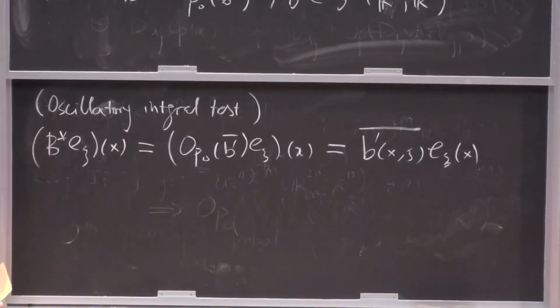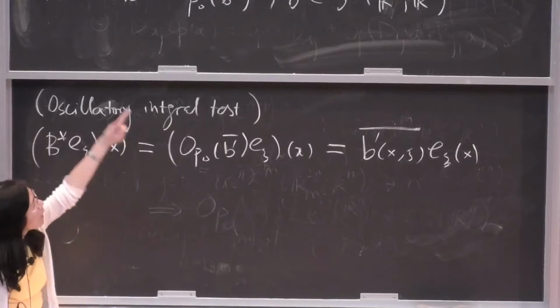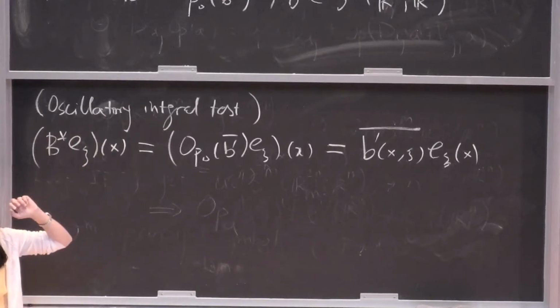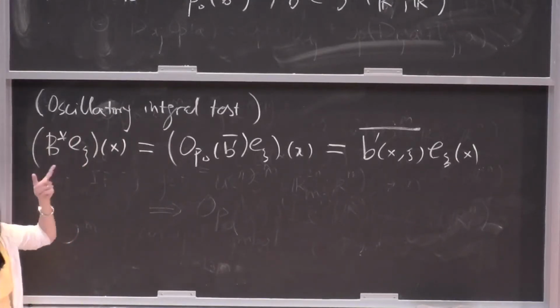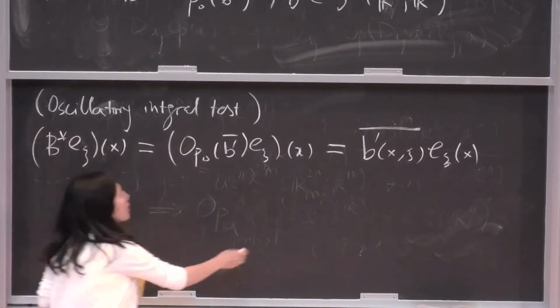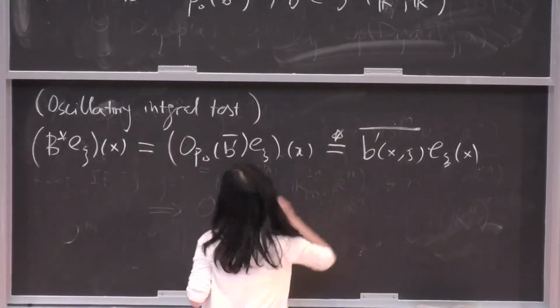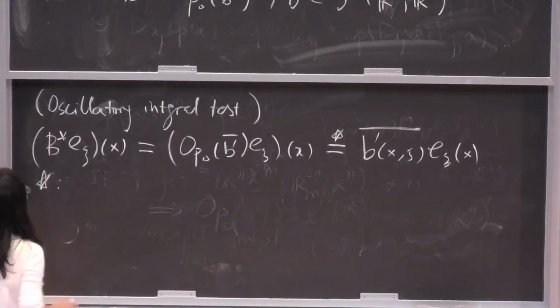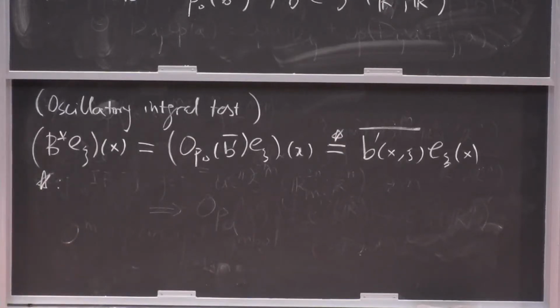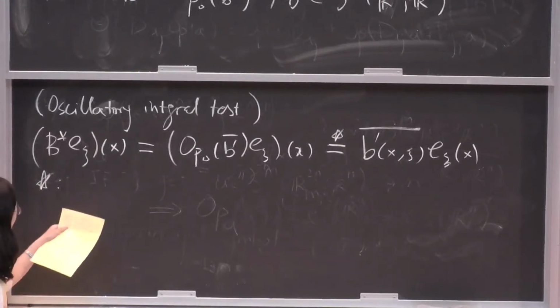Once we have this and put it in there, everything becomes obvious. This is a step that I'm going to explain a little bit now. If you haven't seen this before, it's good to see it once.